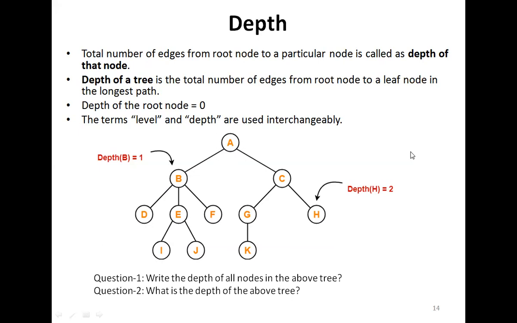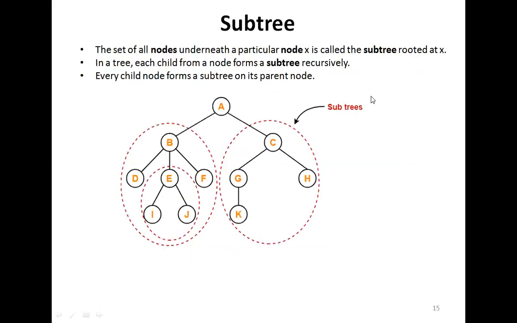Yes, sir. The next is subtree. So subtree is the set of all nodes underneath a particular node x, rooted at x. In a tree, each child from a node forms a subtree recursively.